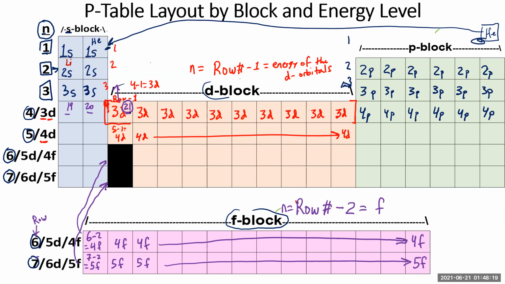They are 3d orbitals, and so on, 3d, 4d, 5d, 6d. Notice that the highest energy d orbital that's possible is only 6d. It doesn't go all the way up to 7. The highest energy s-type orbital available is 7s, and the highest energy p-type orbital is 7p. But d elements only go up to 6d, f elements only go up to 5f.